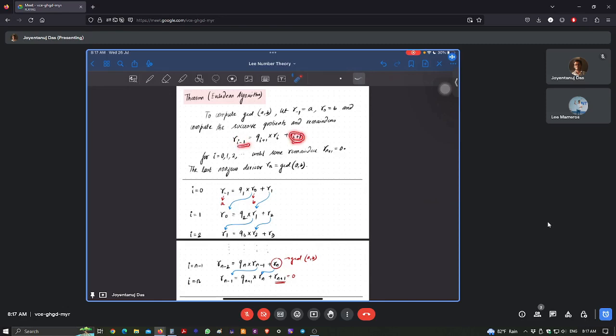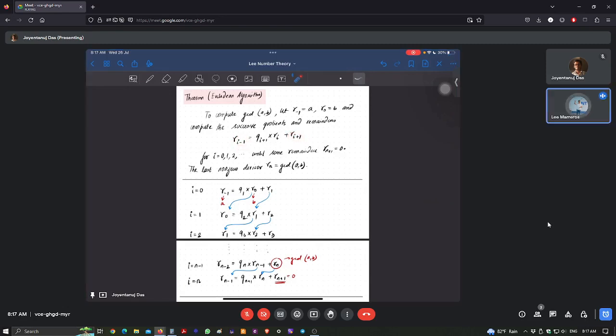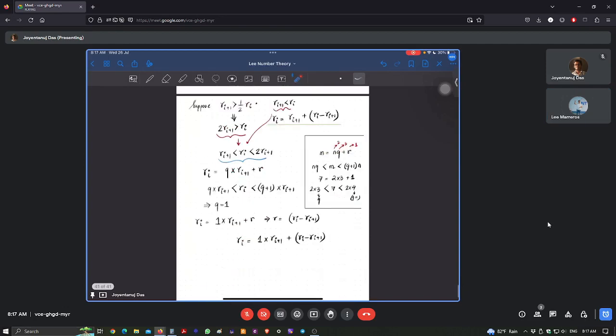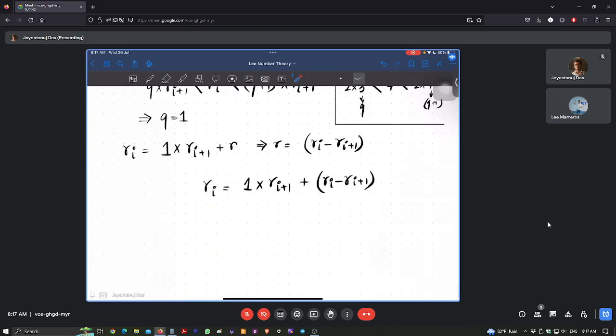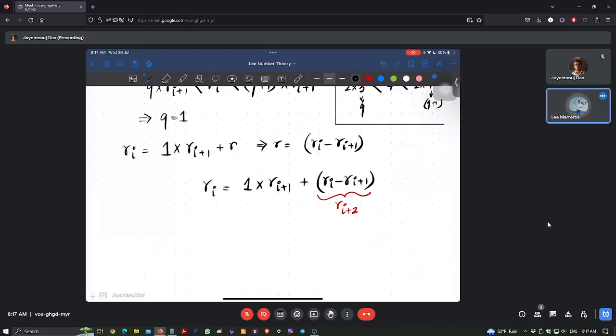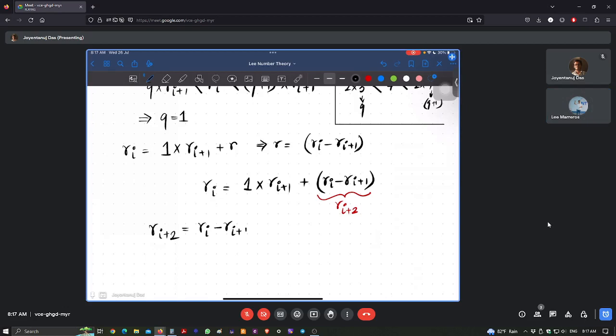This is 2 steps different. Here I have i, here it is i plus 1, so this remainder is nothing but my Ri plus 2 in the Euclidean algorithm. So Ri plus 2 is nothing but Ri minus Ri plus 1, right?